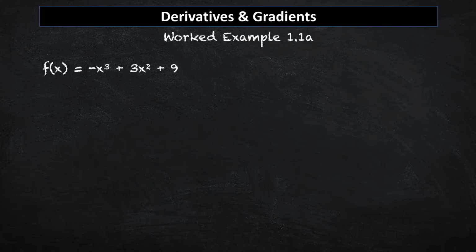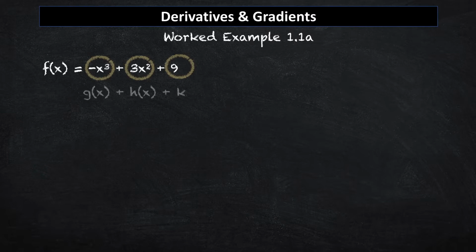Let's consider this function f, which is equal to minus x to the power of 3 plus 3x to the power of 2 plus 9. We can see that this function is made up of the sum of 3 functions that we can call g, h, and a constant k, which is our number 9.